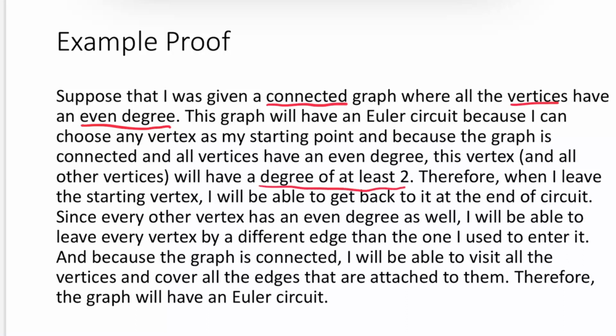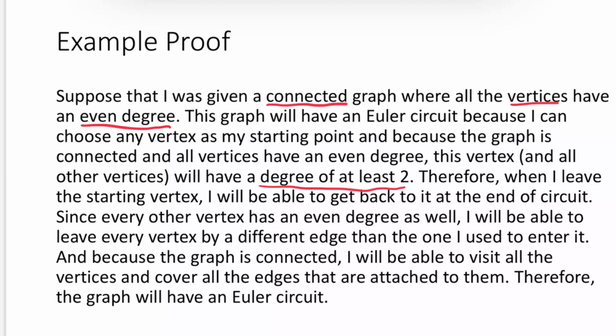Because my assumption was that all vertices have an even degree, which means it's either 0, 2, 4, 6, 8, etc. But because the graph is connected, that means that all the vertices have at least one edge attached. And so that means that none of the vertices have 0 degree. So I know that all of the vertices are going to have a degree of at least 2.